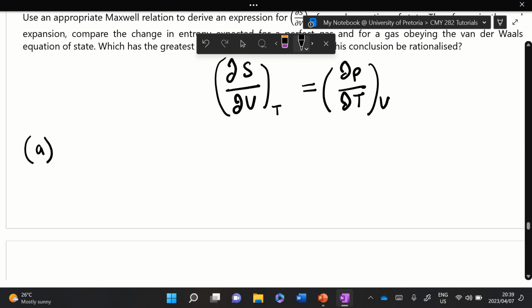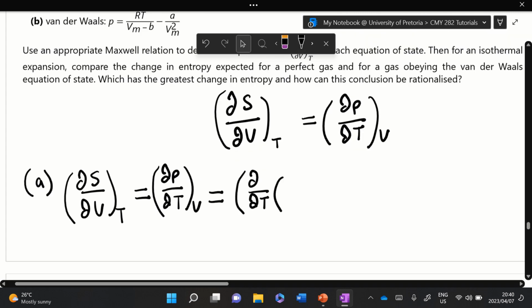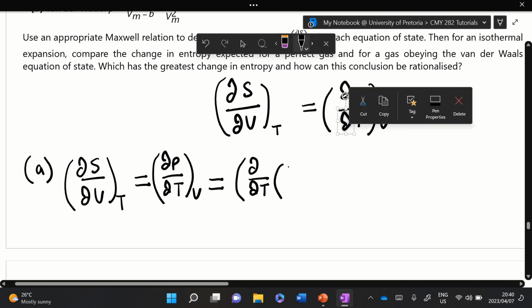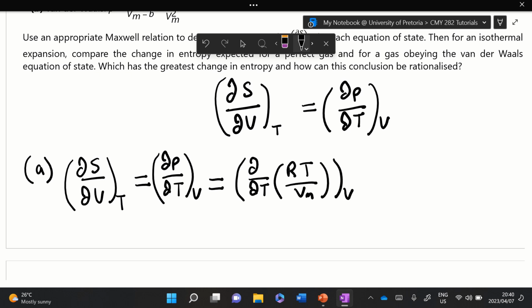So for A, if we want to calculate (∂S/∂V) at constant T, we're just going to plug it into this equation. So (∂P/∂T) at constant volume means we take d/dT of what is P for the ideal gas, RT over Vm, all at constant volume.